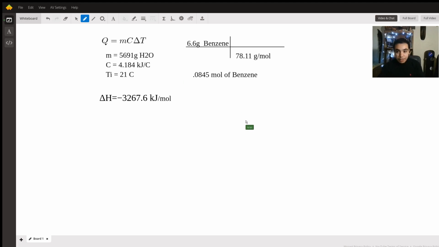So just to save some time, I started off with a couple of things that we'll walk through at the beginning. We have our primary equation that we're going to use to solve this problem, which is Q, where Q is the energy, equals mc delta T, the MCAT formula.